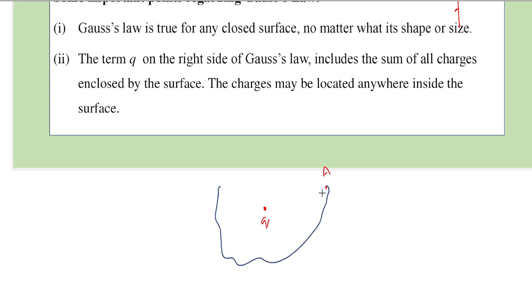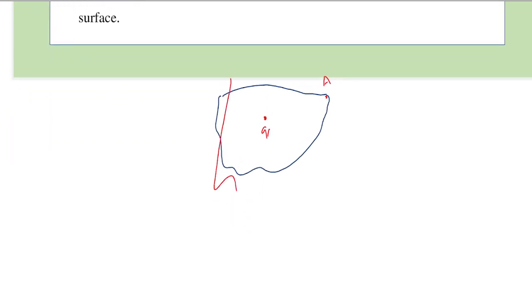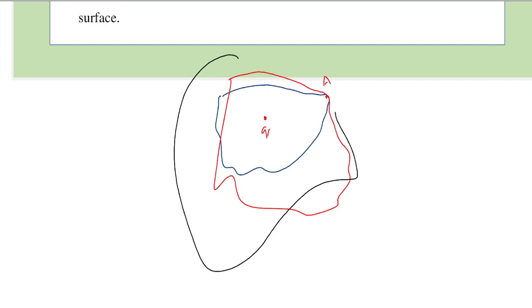You can take a surface of this configuration or this type. You can take any configuration. In all the cases, the flux remains the same. The flux through this surface or this surface or this remains the same. So the flux doesn't depend on the shape and size of the surface taken.